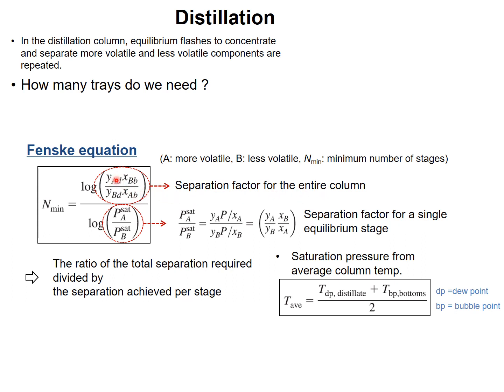For the mole fraction in this numerator, you will input the specification or your operation criterion for your process. And in the denominator, you could find the ratio of the saturation pressure of A and the saturation pressure of B.